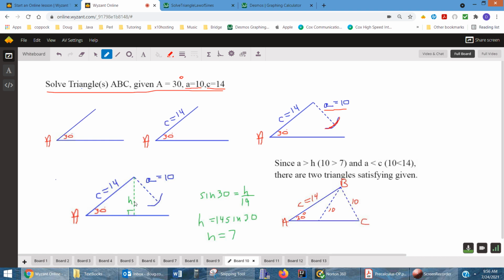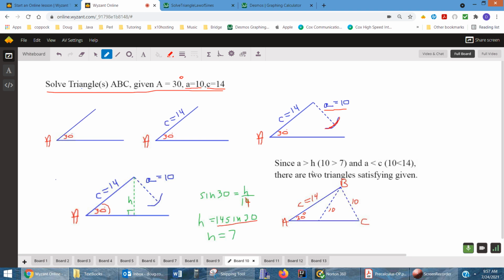Draw an altitude. How do you find the length of that altitude? The sine of this angle is h opposite over hypotenuse, h over 14. That's supposed to be a 14 there. So h equals 14 times the sine of 30. If you don't have a special angle here like 30, if you have 42, you have to use your calculator.